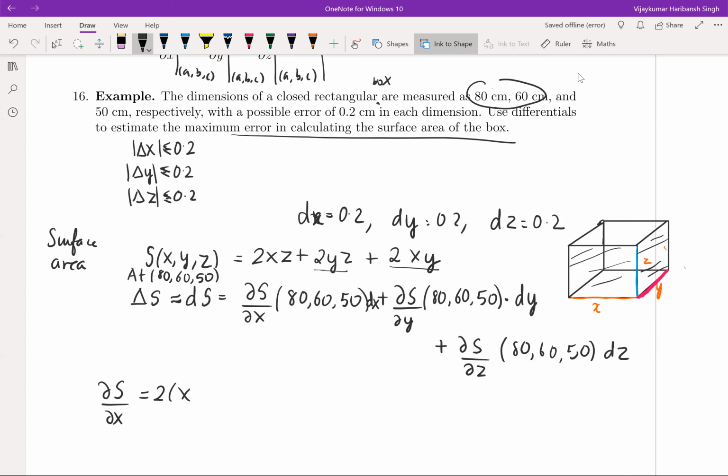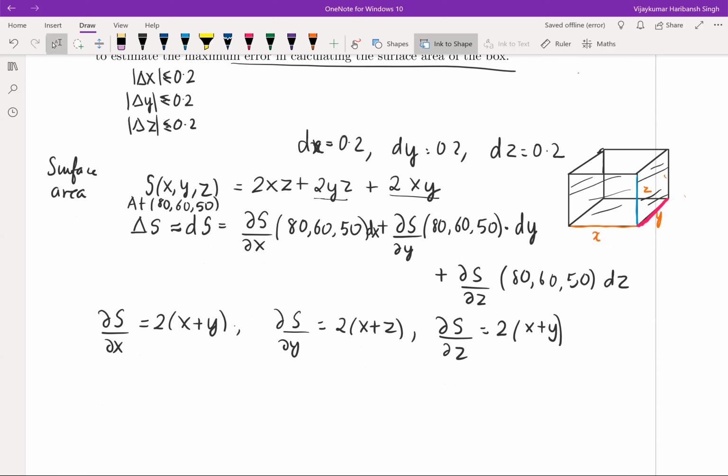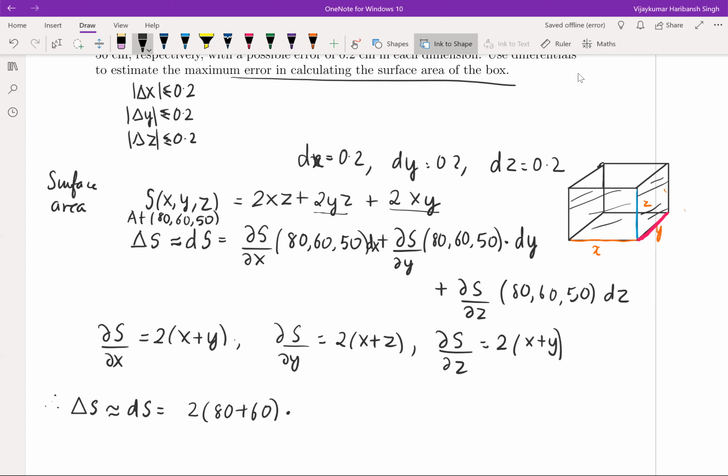Now, because of symmetry, you can argue the others follow similarly. So delta S, which is roughly equal to dS, is going to be 2 times x plus y, so 80 plus 60, times dx, which is 0.2.